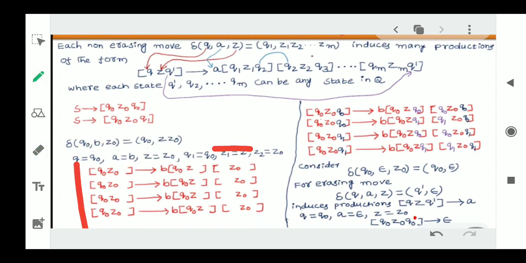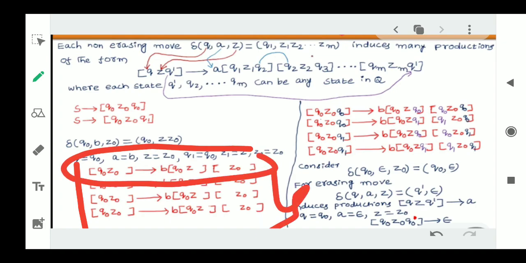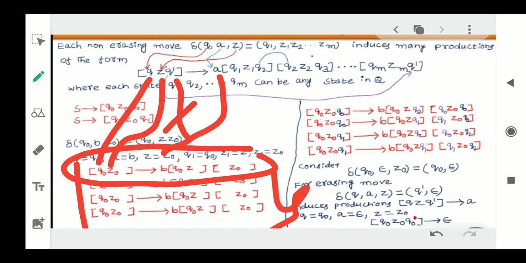How did we get this production form? First we will understand the first equation, how we have got this, so that all the 4 are common here. So what is Q here? Q is Q0, Z is Z0. Q dash means what? I don't know what Q dash is, I will take it later. And A implies B here, we have taken from the given equation. Q1 means Q0.